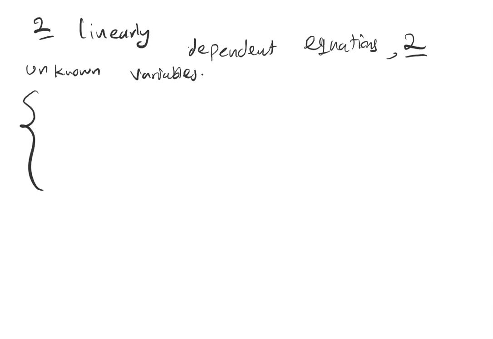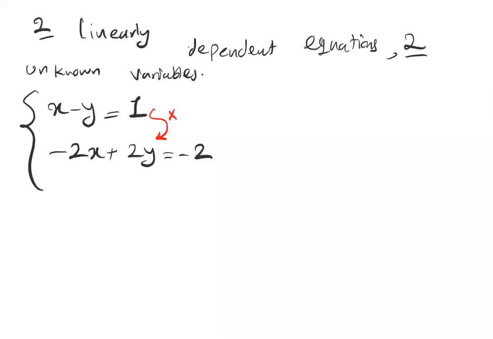All right, so x minus y is equal to 1 and minus 2x plus 2y is equal to minus 2. If you look at this more carefully, if you multiply the first equation by -2 on both sides, it's going to give us the second one. So x multiplied by -2 is -2x, -1 multiplied by -2 is +2, and 1 multiplied by -2 is -2.